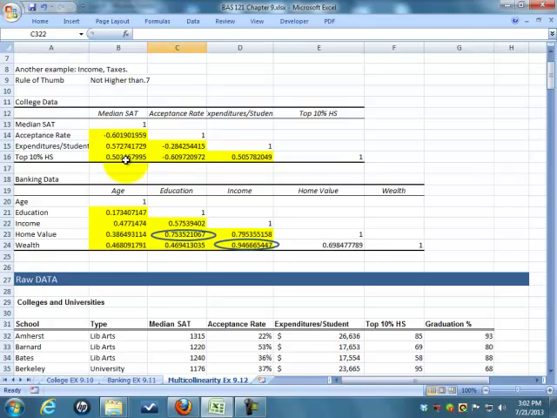So in the college data, none of our independent variables were collinear. In other words, none of them were really saying the same thing.